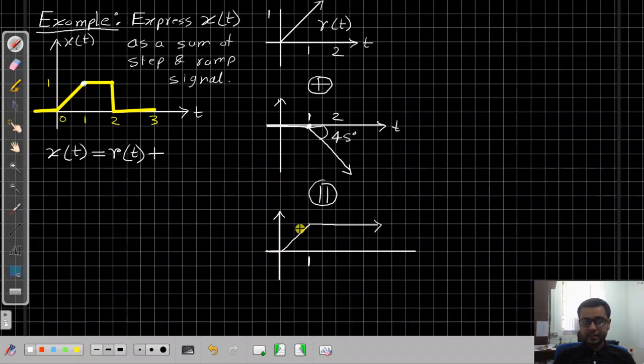But this is still not the same as x(t). So we shall add one more component with this signal, and that will be like this.